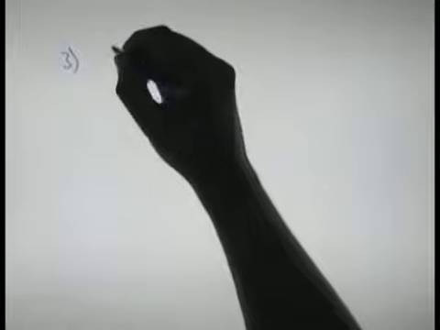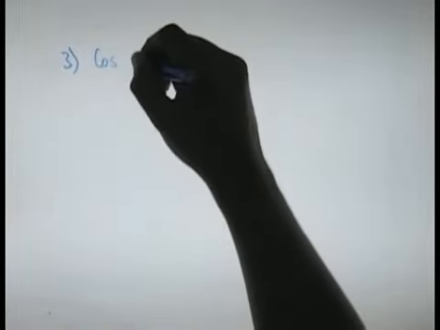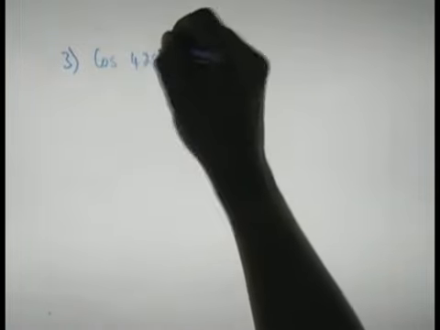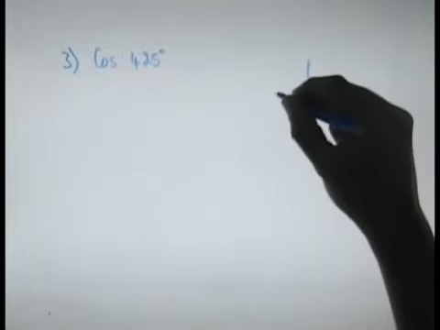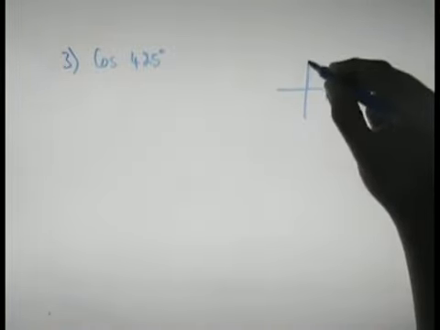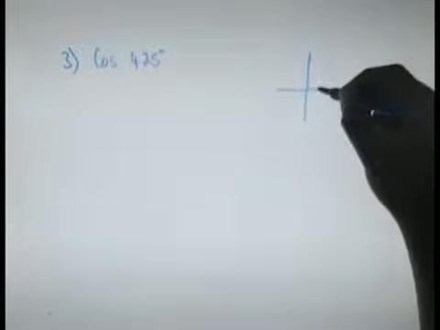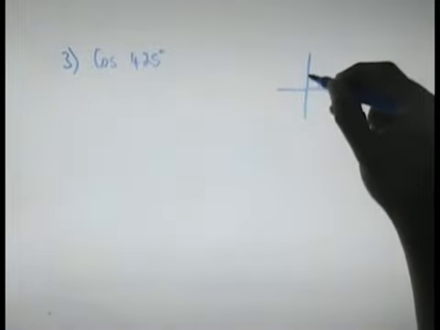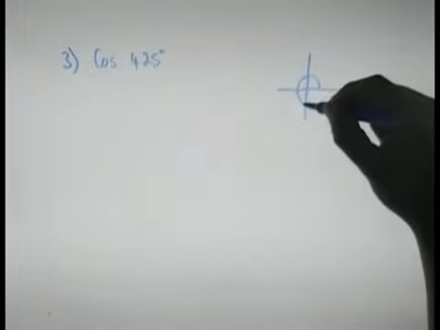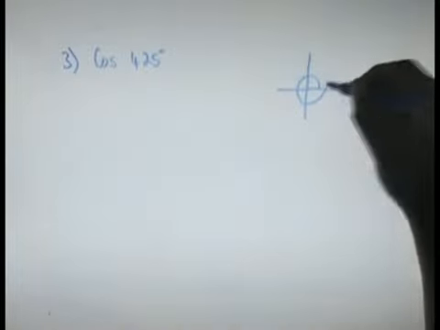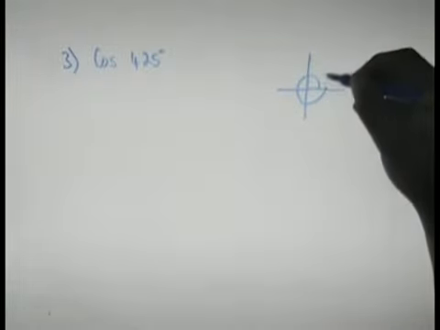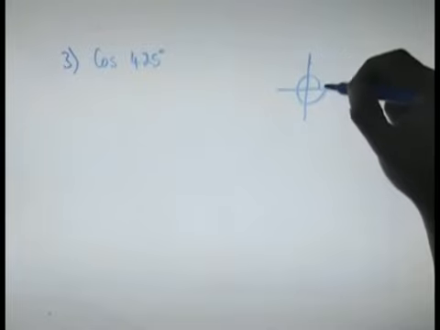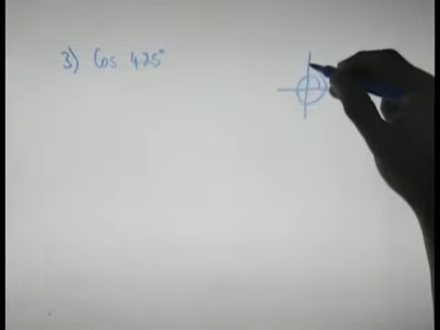Number 3, cos of 425 degrees. Now let's see where that is going to slot in. Cos of 425, so that's going to be 0, 90, 180, 270, 360, all the way up till there is going to take us to 450.